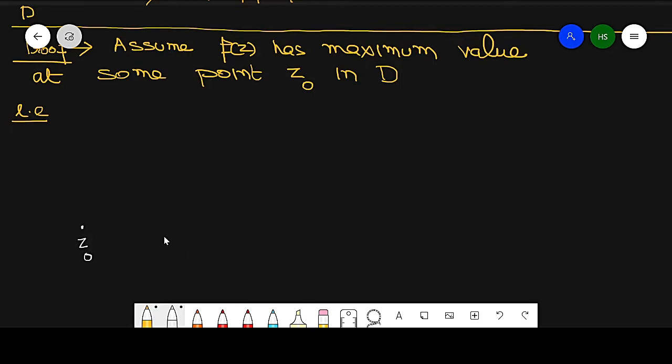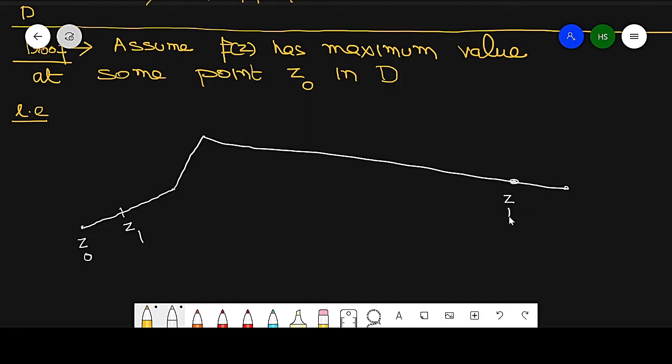So I first draw a polygon line: if I go to this, and then to this, and then to this. This point is z naught, this point is z1 and next is z2 and so on. Suppose here the point is zn minus 1 and this point is zn.